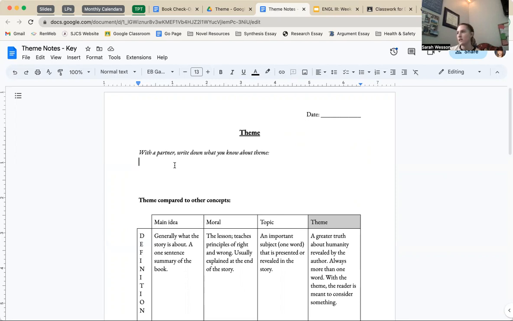Okay, great. So maybe what you already know about theme is that it has to do with the topic of a story, right? Maybe it's part of the topic, maybe it's the main message. What else did y'all put?